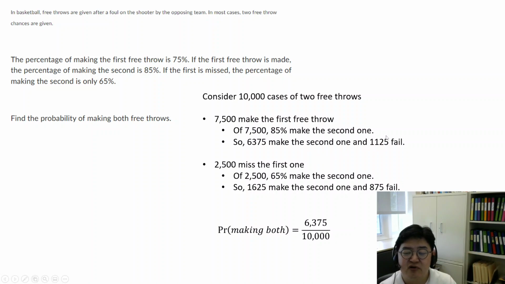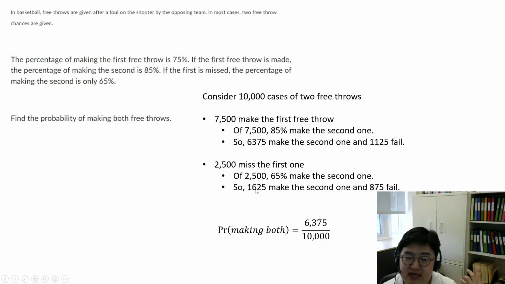But 1,125 failed the second free throw after making the first one. Okay? So this is the cases when you make the first throw. On the other hand, 2,500 cases fail the first free throw, but 65% make the second one after failing the first one.